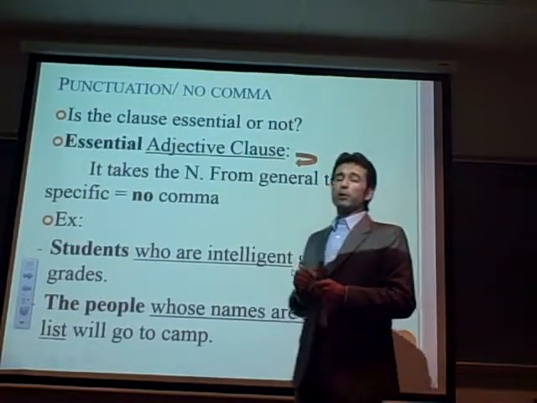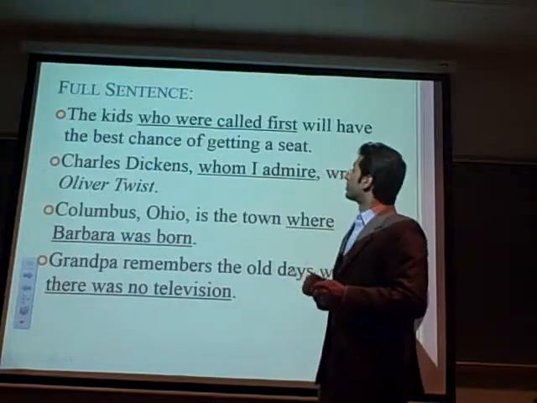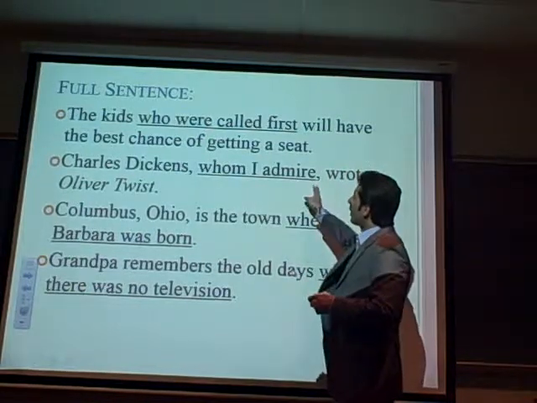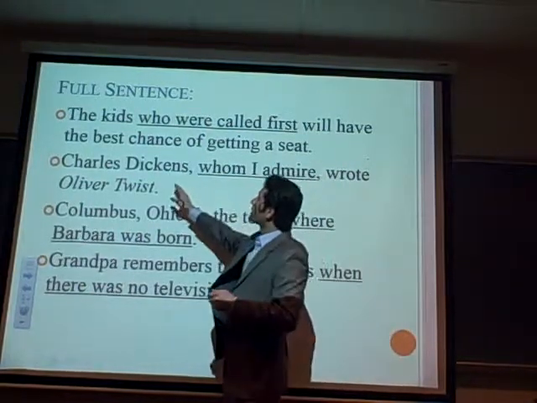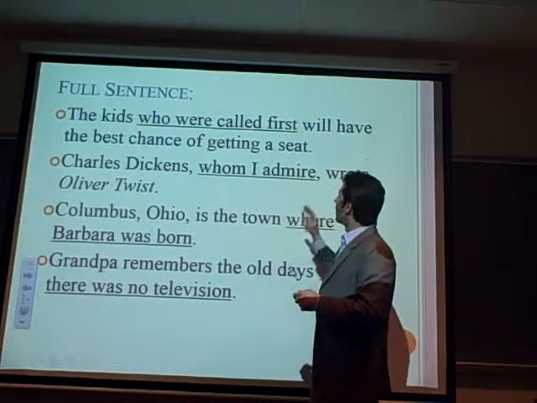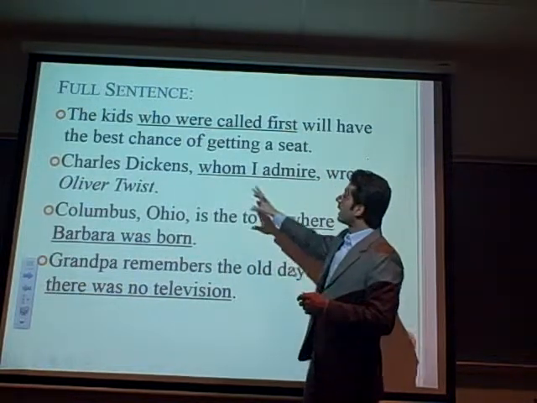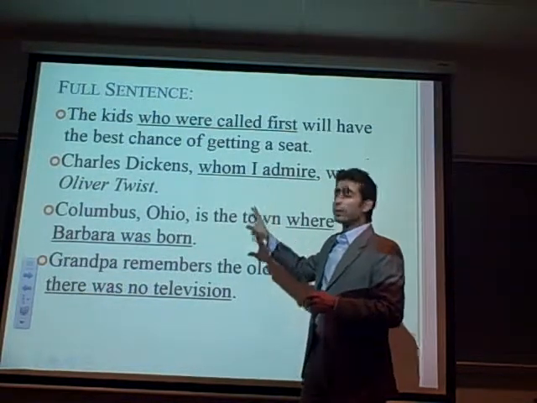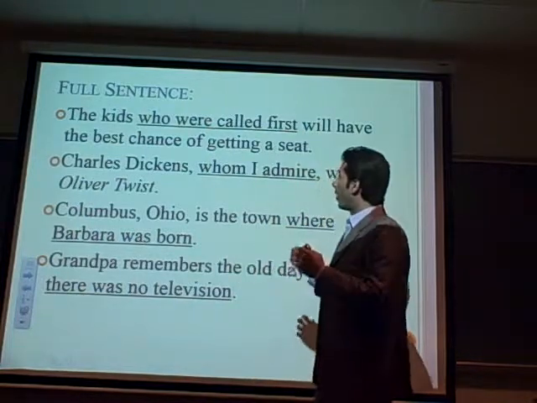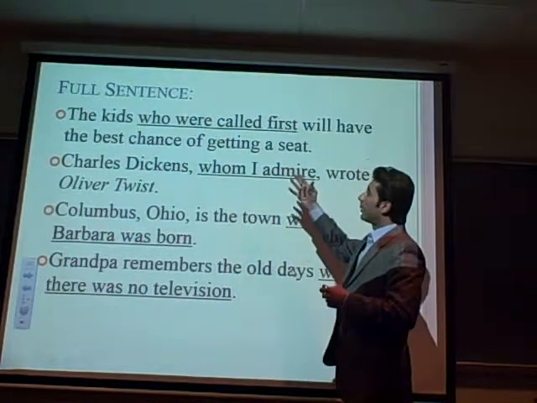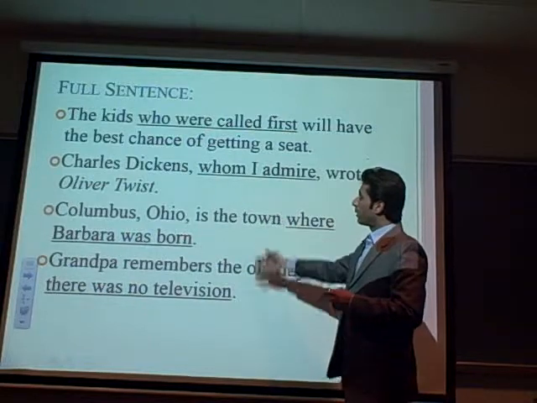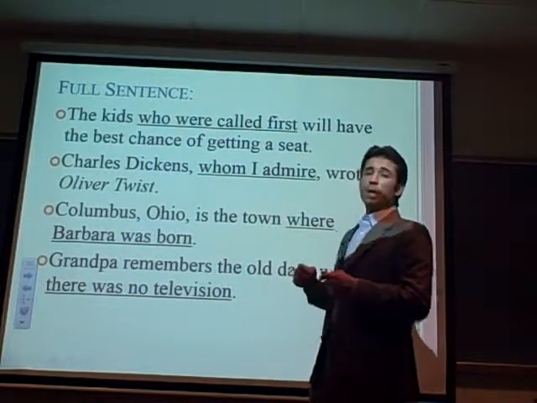We need to pay attention to the punctuation. For example, here we have the second sentence, which is Charles Dickens, whom I admire, wrote Oliver Twist. We put the adjective clause in between two commas. Why is that? Why do we have commas here while we don't have any commas with other adjective clauses?